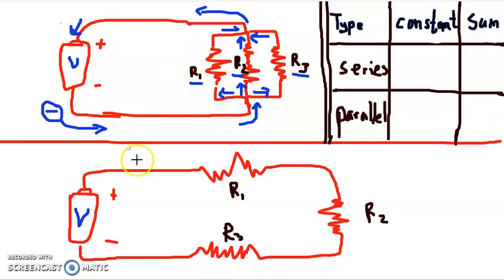One of the ways to tell these apart is to picture an electron going around the circuit. It's okay if you forget to start at the negative side, and it's okay if you picture the positive current flowing in the way the current actually flows, but I like to picture an electron.